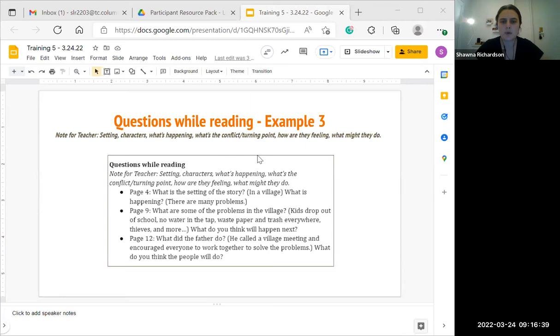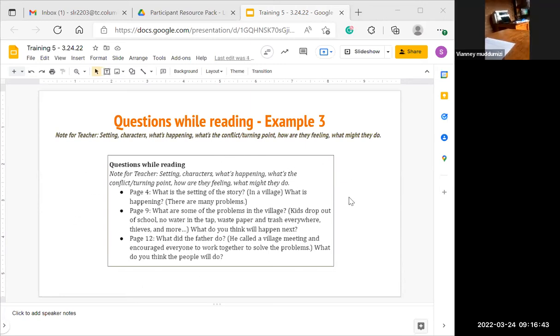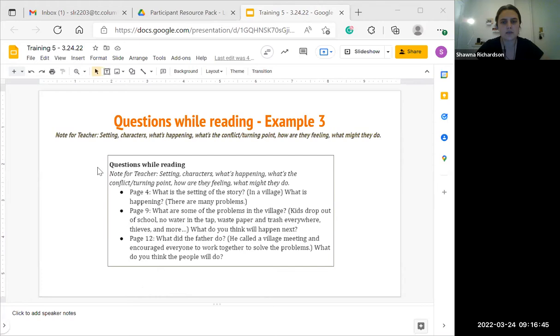So for example, I think this is from the story Decision. On page 4, we pause and ask them, what is the setting of the story? What is happening? And then we continue to read. On page 9, we asked, what are some of the problems in the village?